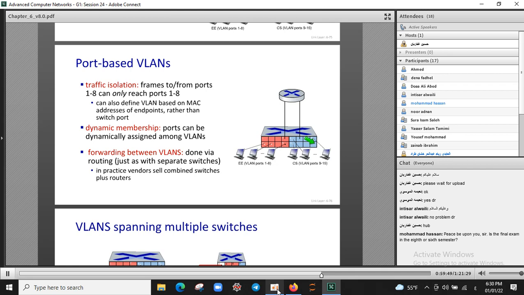It's an alternative option, defining a VLAN over MAC addresses, not over interfaces. But totally I can say that the switch has to isolate the traffic based on the defined VLANs. Okay.